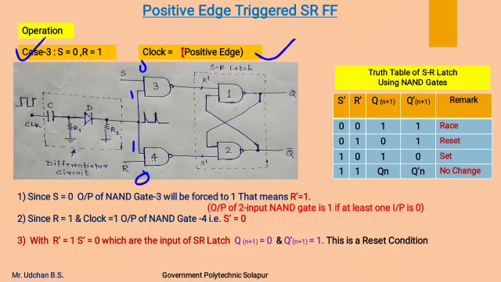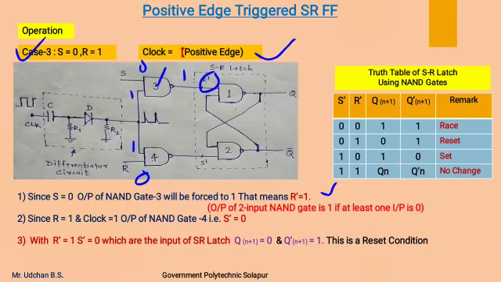Since S is 0, the output of NAND gate 3 will be forced to 1 irrespective of the other input. That means R dash will become 1. I have written it over here.